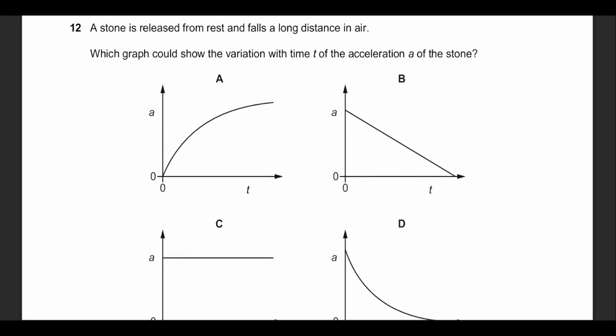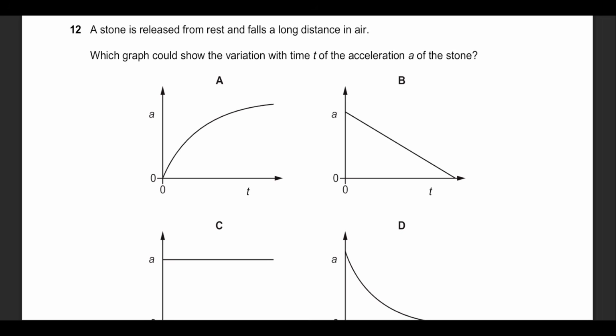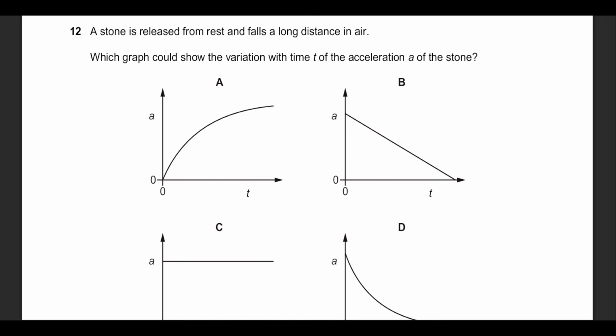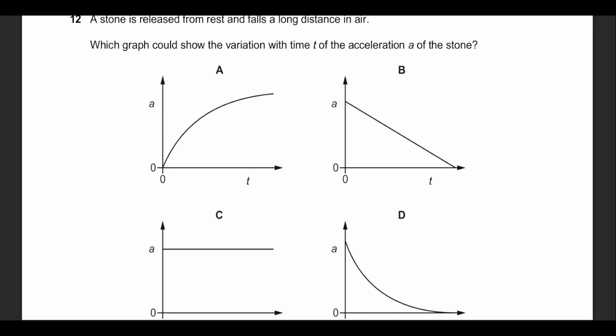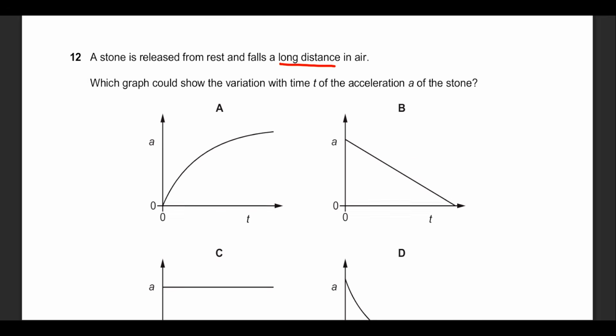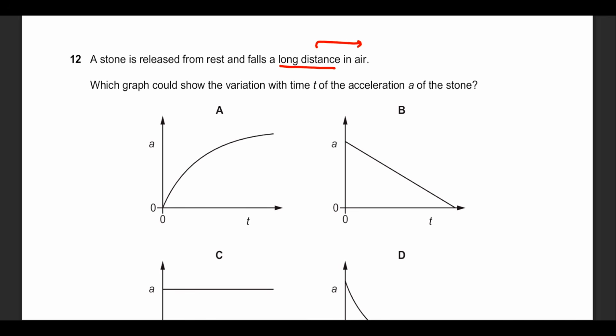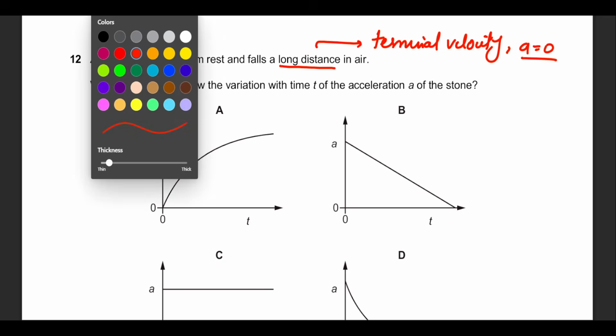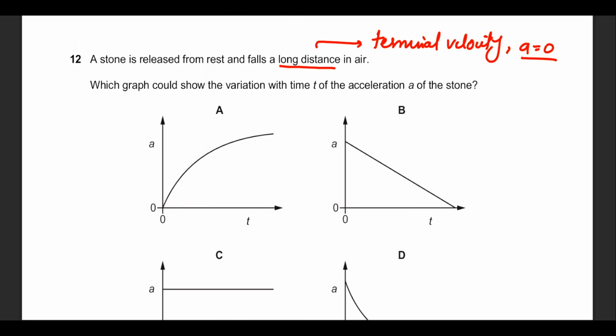Let's move on to question number 12. He says, what graph is shown for the acceleration a of the stone? For a long distance in air, this is a key for us to think that it will eventually hit terminal velocity. If it is terminal velocity, the acceleration has to become zero eventually, or reduce to a very tiny value.